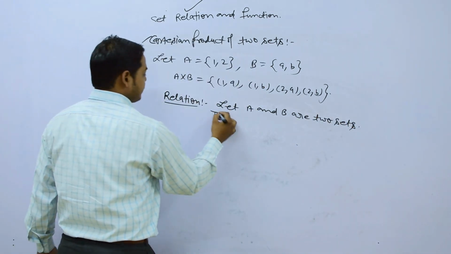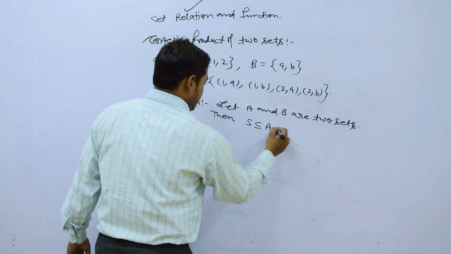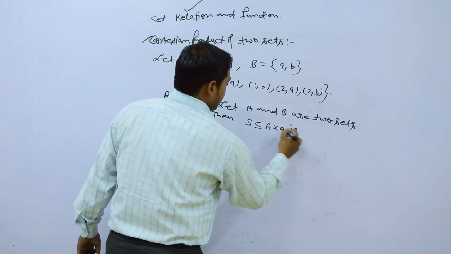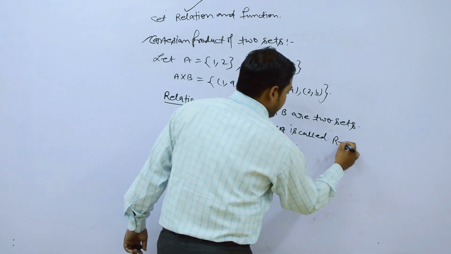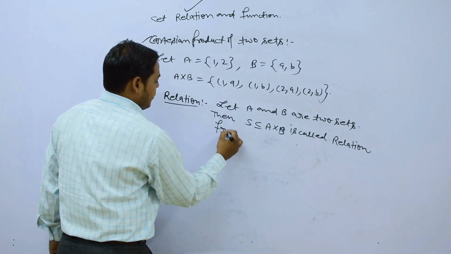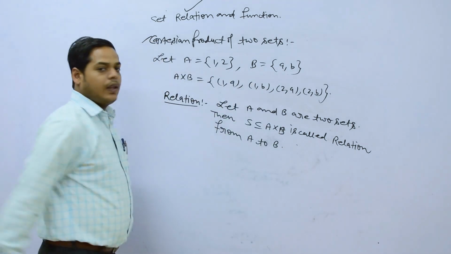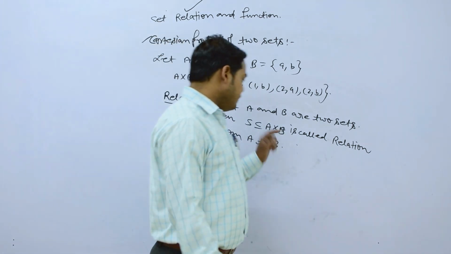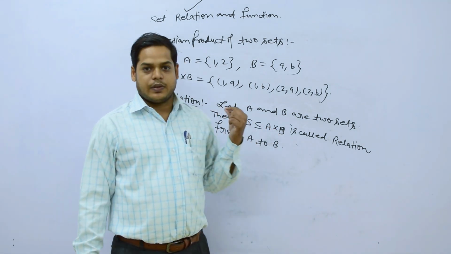Then any subset of A cross B is called a relation from A to B. Means all the subsets of A cross B are relations.